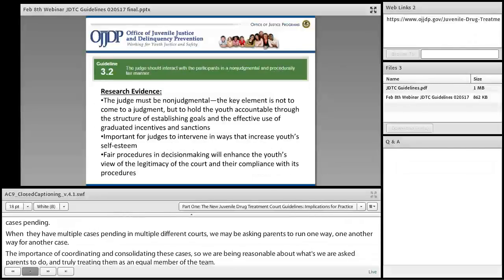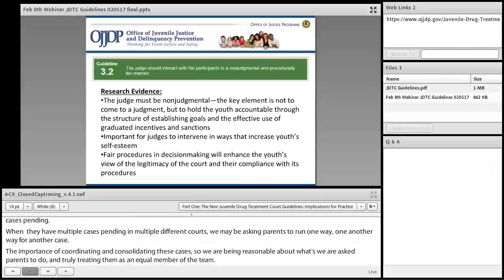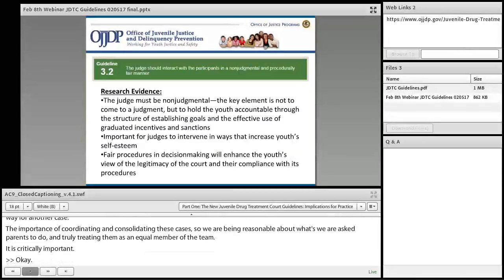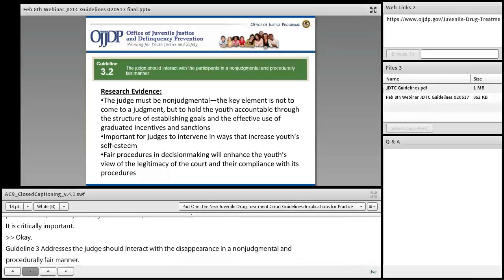Okay, Guideline 3.2 addresses that the judge should interact with the participants in a non-judgmental and procedurally fair manner. So non-judgmental here, the key is that they're not just focused on coming to a judgment, but they're holding the young person accountable because there's a structure in which they've established goals and they're using the graduated incentives and sanctions effectively.